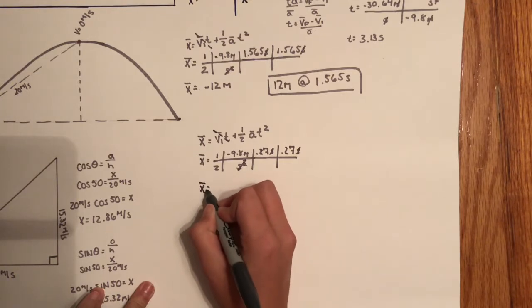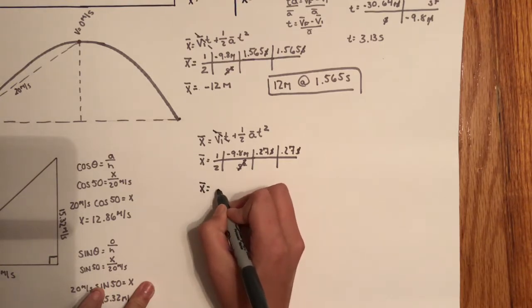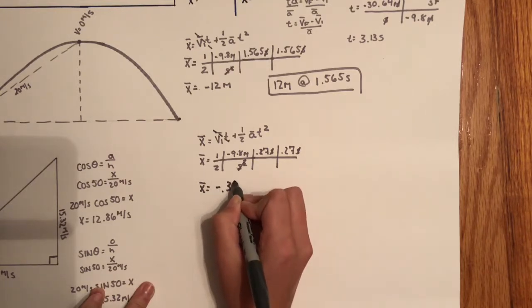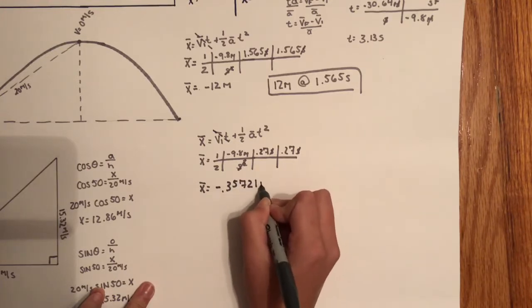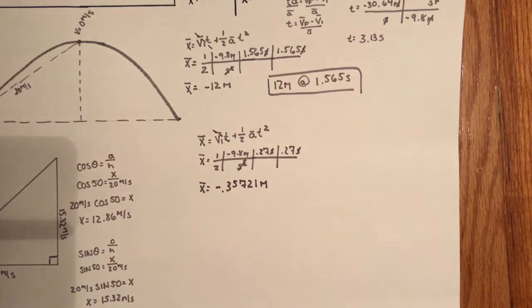And after plugging this into the calculator, you get negative 0.3571 meters. As you can tell, that is a very small number and definitely not the height off the ground that the snowboarder is when he has to finish his trick.